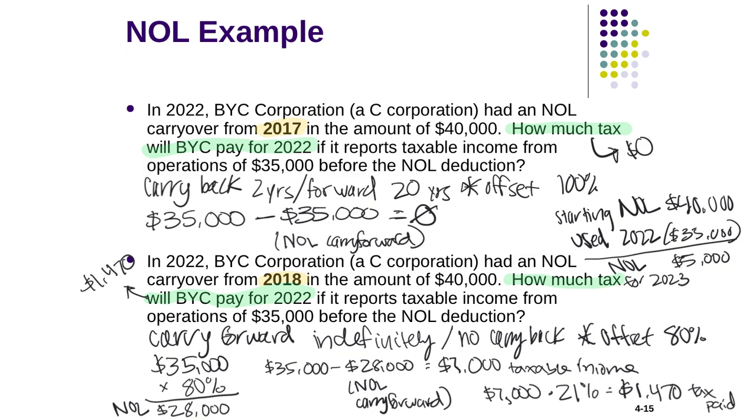And then just another piece to think about since we calculated it in the first problem. How much of the NOL do we have left over? So our starting NOL was $40,000.